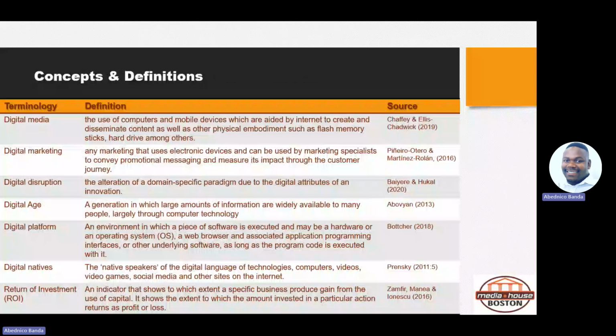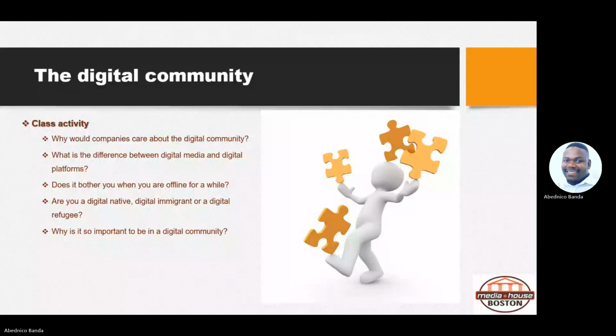You also need to ask yourself about the differences between digital media and digital platforms. And you also need to find out from yourself if you are part of this virtual social community. Does it bother you when you are offline for a while, especially in this world of load shedding?